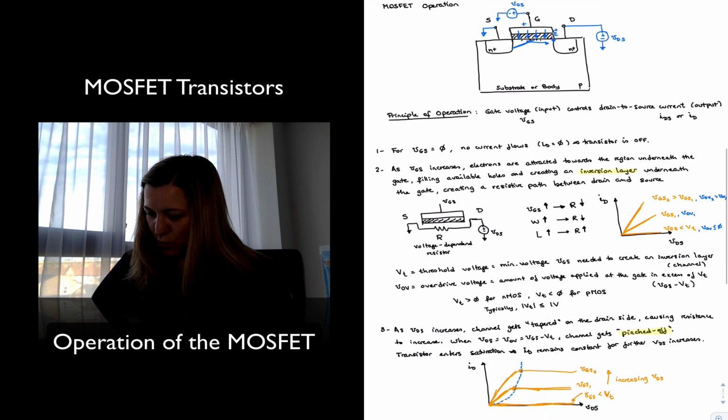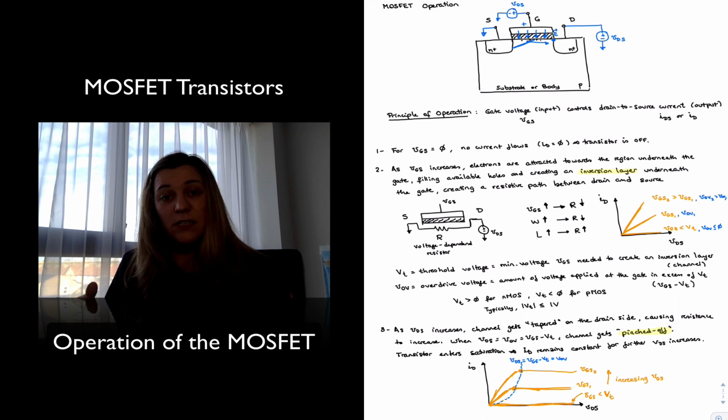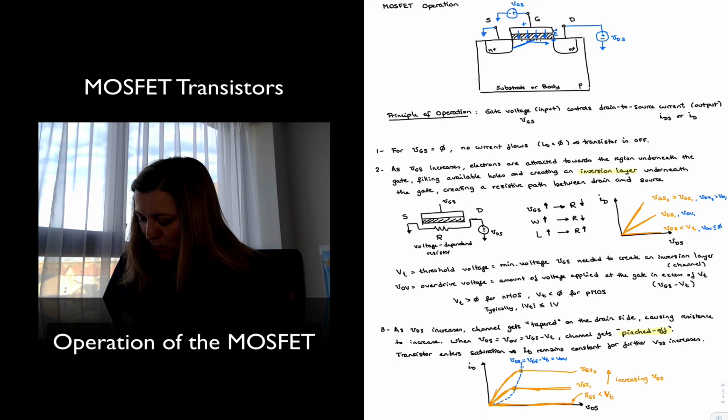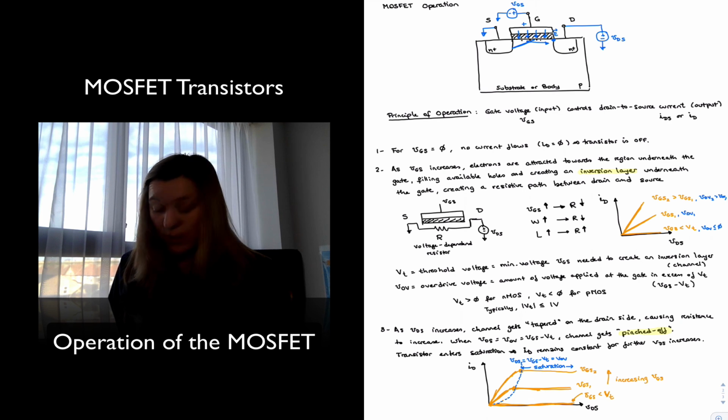It forms some sort of threshold or border, and that line represents the point at which VDS is exactly equal to VGS minus VT, or equal to the overdrive voltage. And that defines the border between the saturation region and the triode region.